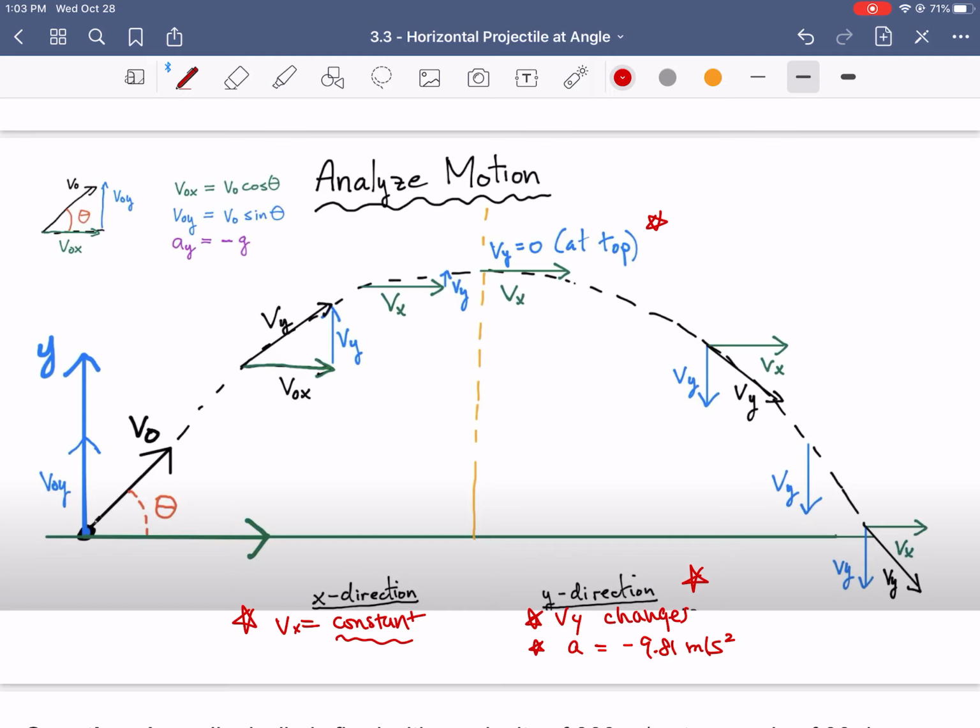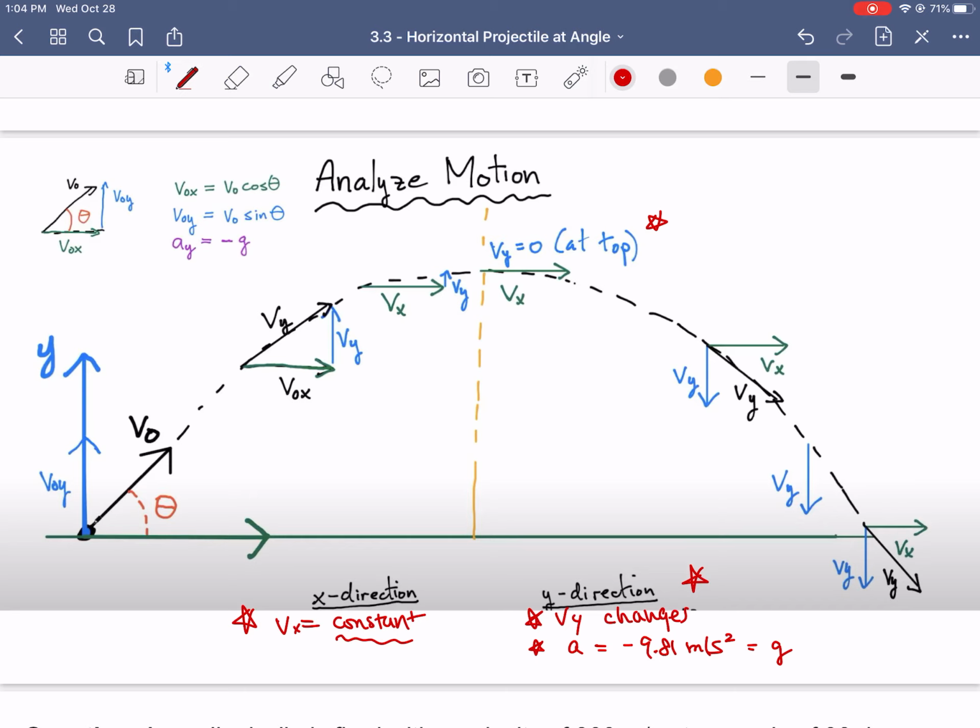As it comes back down, the velocity increases, and you can see that the magnitude of that blue line goes up. The acceleration for the y direction is always negative 9.81 meters per second squared. That's acceleration, or g, which is sometimes written as gravity.